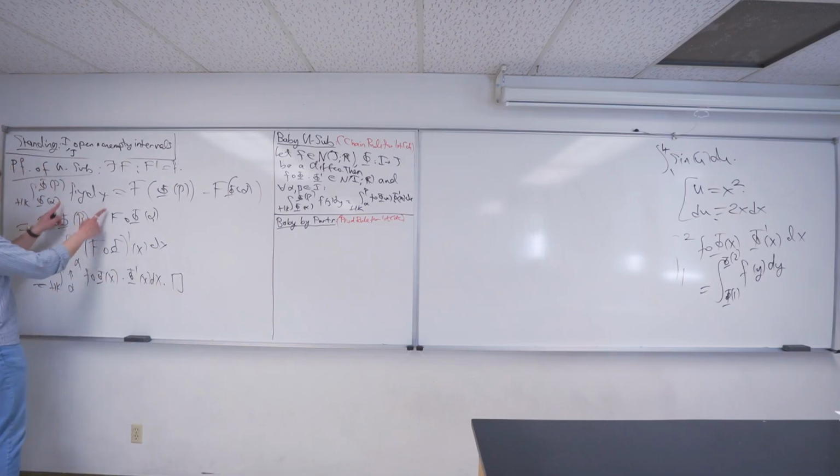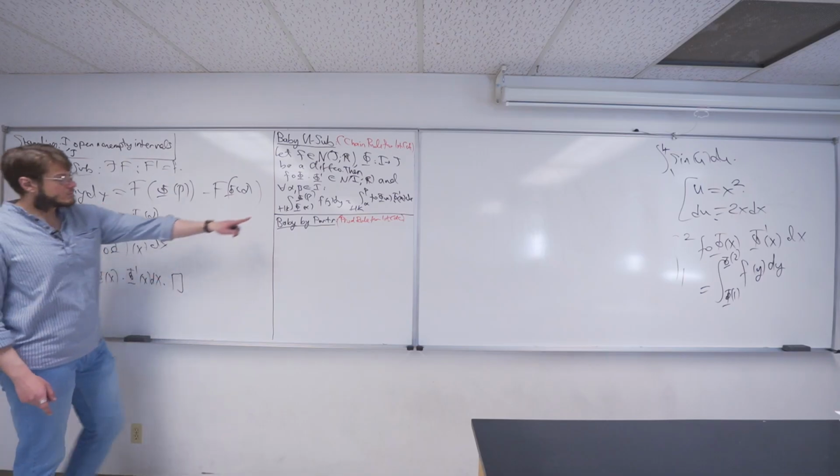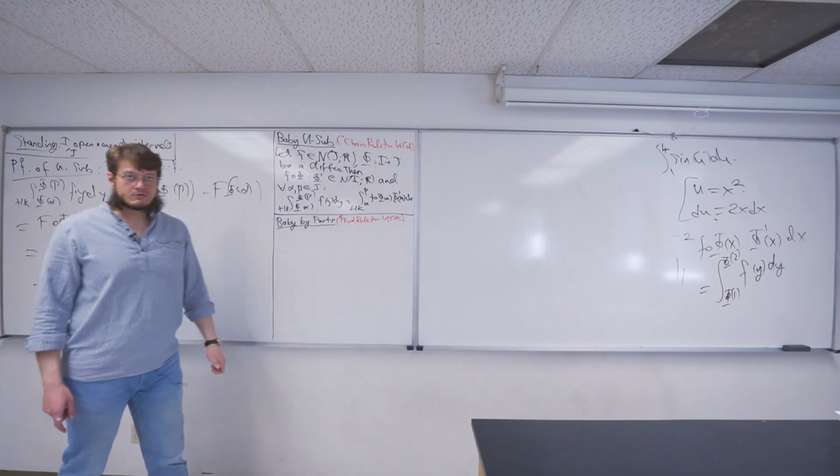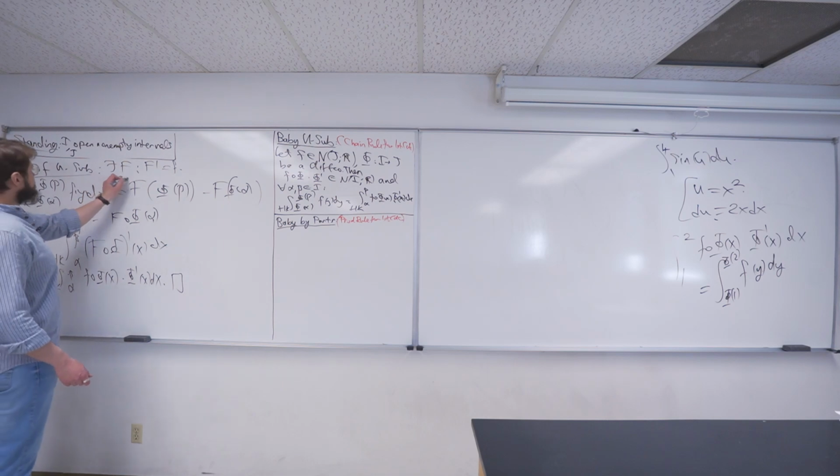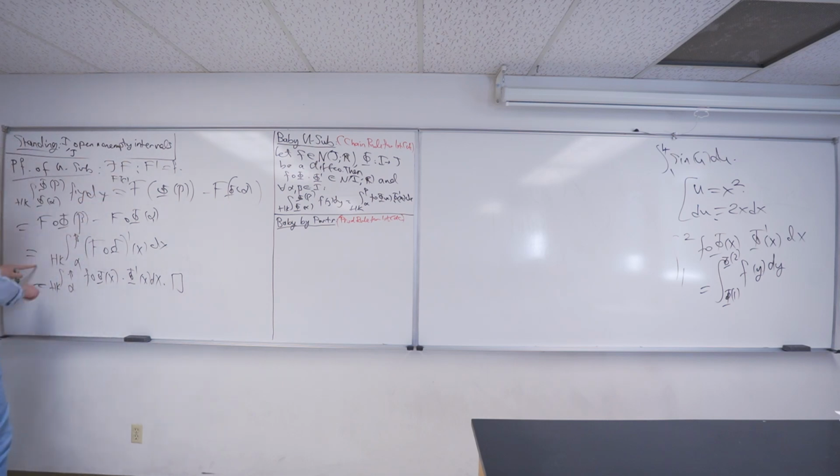I was trying to prove that this is equal to this. So I applied FTC1 here and FTC1 again here. That's two applications of FTC1. And here I use chain rule. Okay.